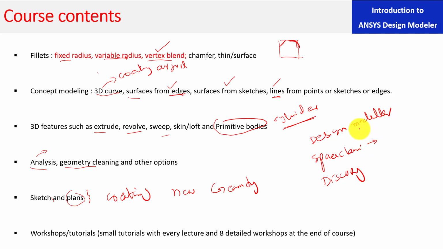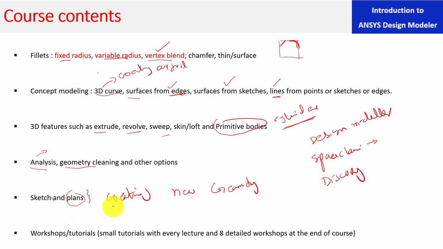And Design Modeler was initially used for all these purposes, but now SpaceClaim is getting more attention because of its 3D direct features, like we can create the domain very easily, we can repair geometry very easily. But definitely SpaceClaim lacks sketching. Although it does provide sketching, it does not provide sketching as powerful as we have in Design Modeler.